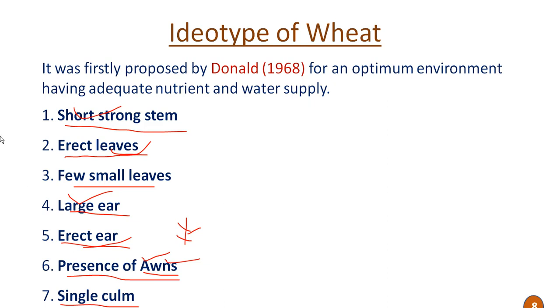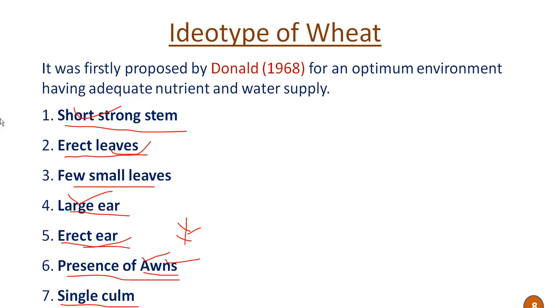Then the last one is a single culm. In tillering genotypes, at least some of the tillers do not produce ears. This represents a waste of resources and additional useless competition. This problem will not be encountered in uniculm genotypes.